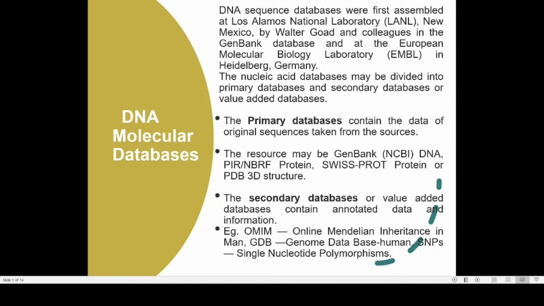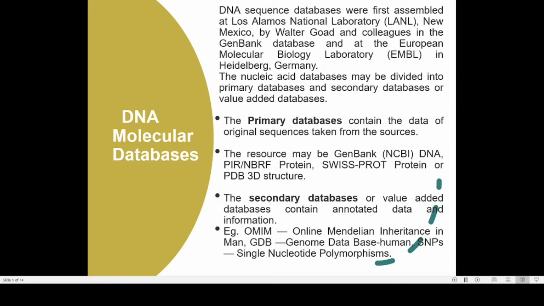So in the case of annotated data, in addition to the original sequence, they will also give you some explanation, some additional information. Then that type of database is called a secondary database. So these are the two basic types of databases that we can see.